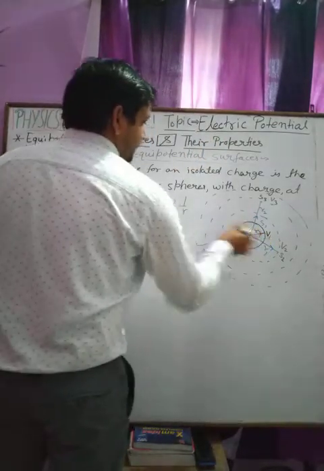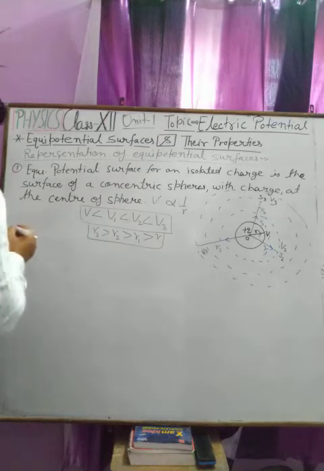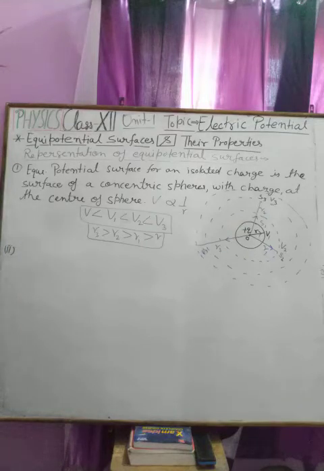From this, now we take the second kind of surface. Equipotential surface for a plane.